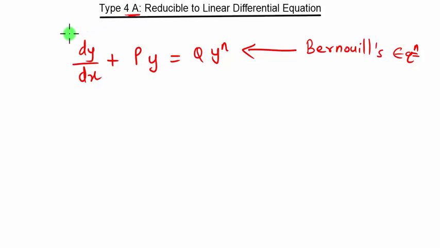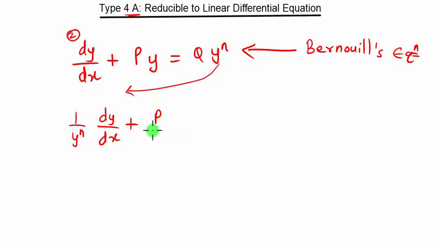In type 4a, this is the second subtype. Whenever we have a Bernoulli's equation in which there is y raised to n, then we divide by y raised to n. So we get 1 upon y raised to n dy by dx plus p upon y raised to n minus 1 equal to q.